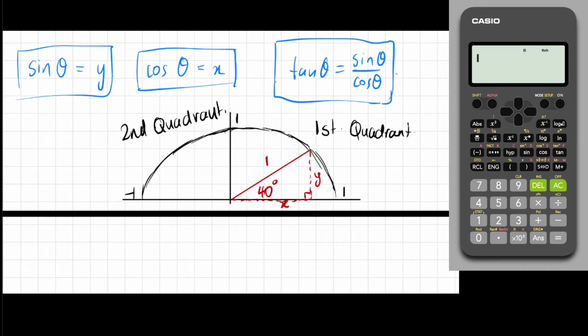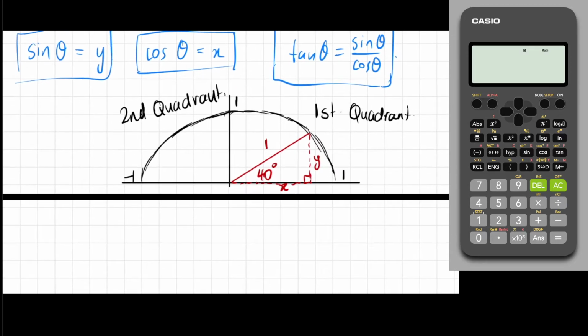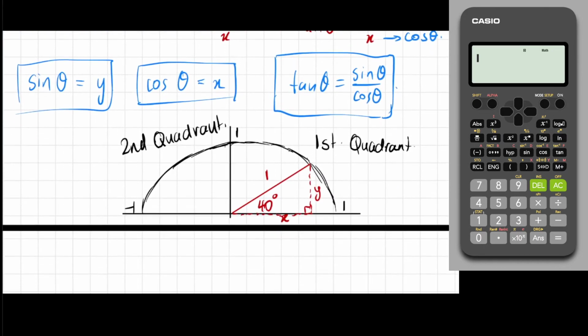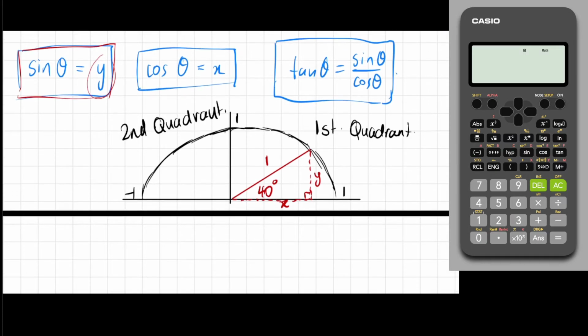So, how do we do it? Well, glad you asked. Just trigonometry, with our y value and our x value. So in this case, remember, these formulas are just here. Sine theta is just equal to whatever y is, okay? So if I know what theta is, I can work out what y is very, very quickly.